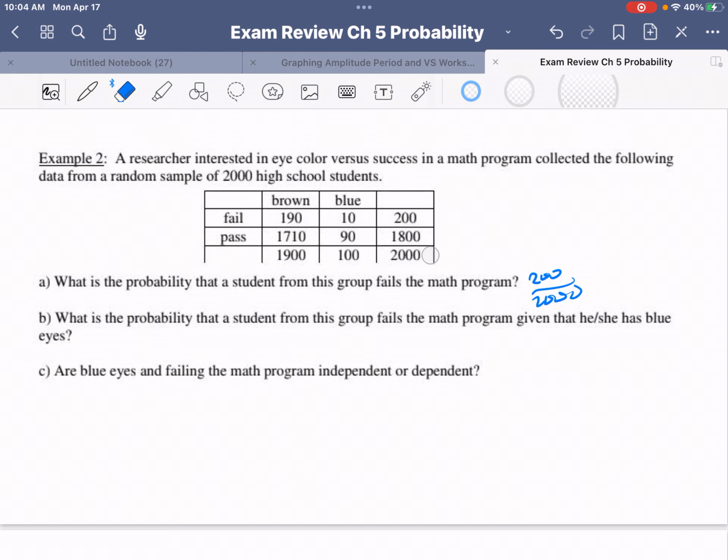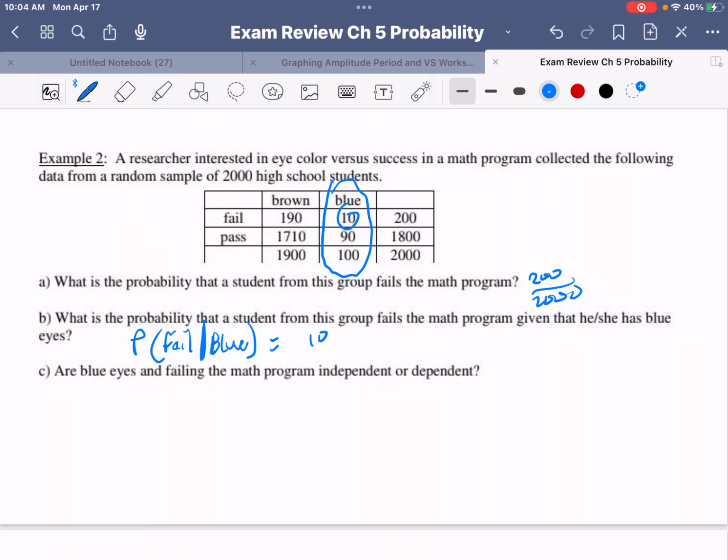But if we read this next problem, what is the probability that a student from this group fails given that he or she has blue eyes? So that's probability of fail given blue. Well, if you're given that their eyes are blue, it means it's one of these people. And of those people, 10 failed. So this answer would just be 10 out of 100. So hopefully you see the difference between those two.